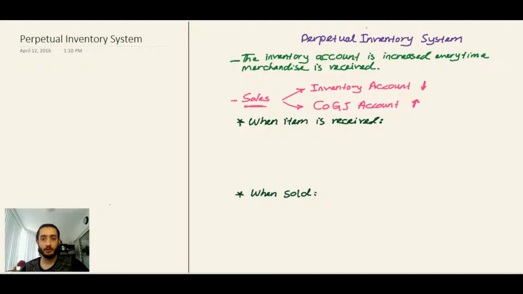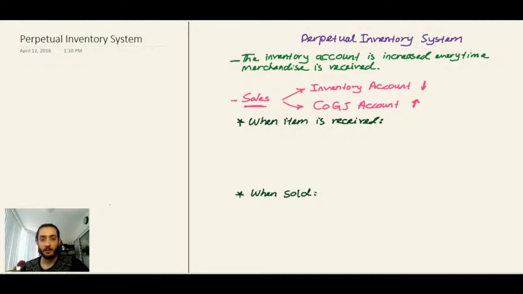In the perpetual inventory system, the inventory account is increased every time merchandise is received. So every time we buy merchandise, we have to increase the inventory account, not the purchases account as in the periodic inventory system.